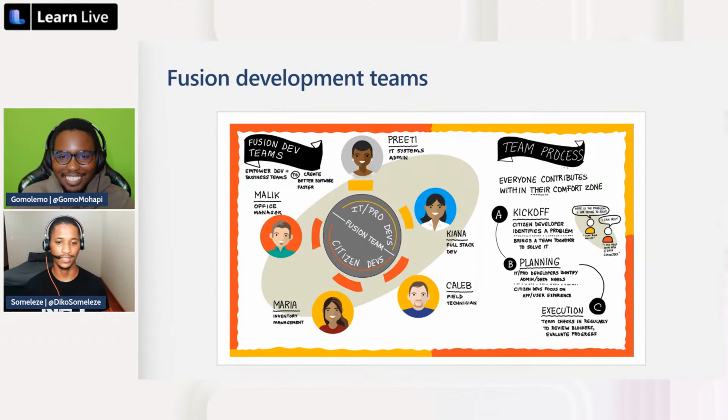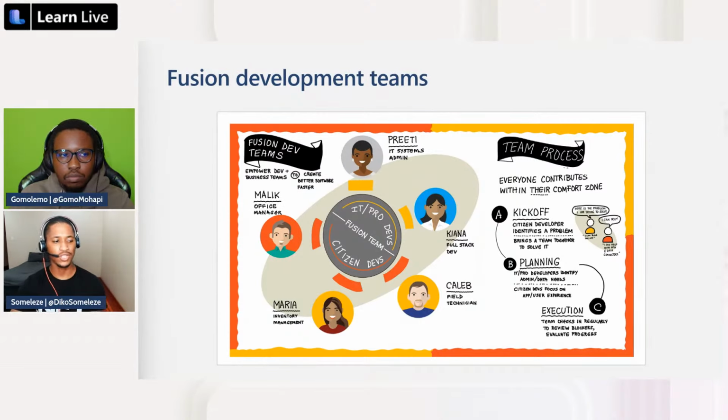You look at how each job role previously discussed in the company maps to the role the person plays in a fusion development team. It is driving home the point that business professionals work with technology professionals. So again, fusion development teams work with technology professionals to build better apps faster. That is the whole point of fusion development teams.